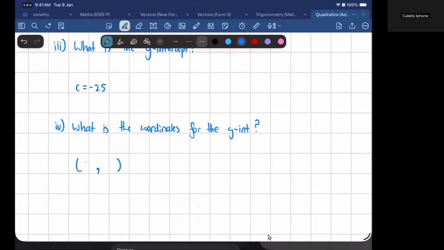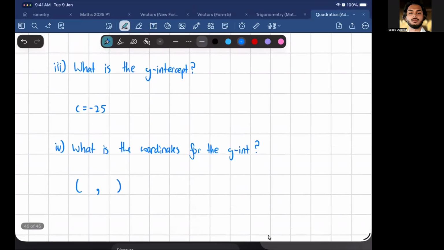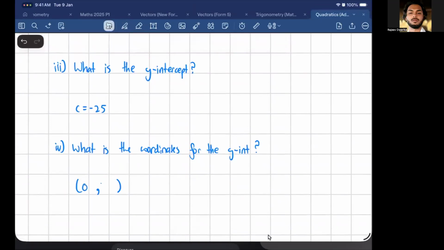I'm asking you for the coordinates for the y-intercept, not the maximum or minimum point. So it would be (0, -25).